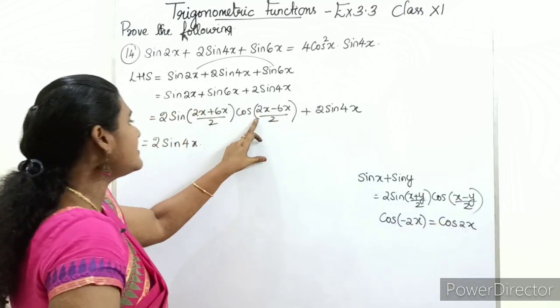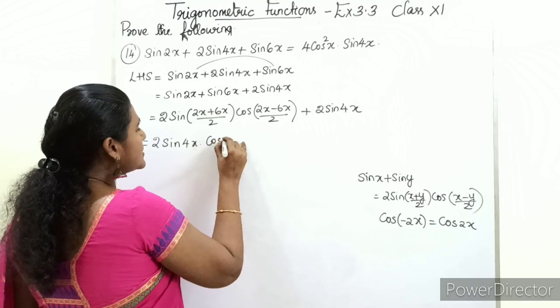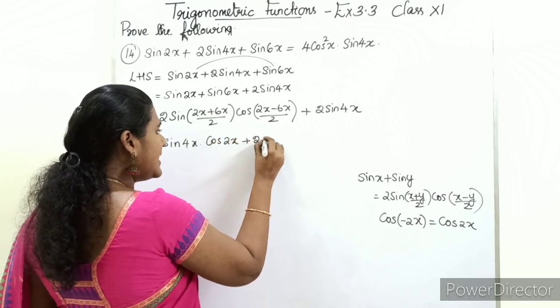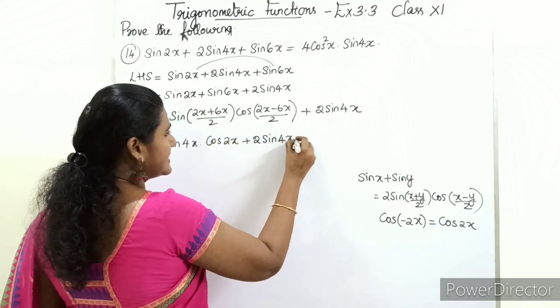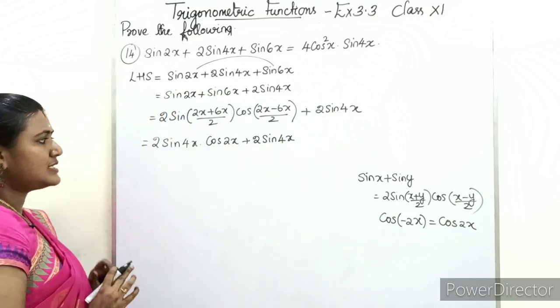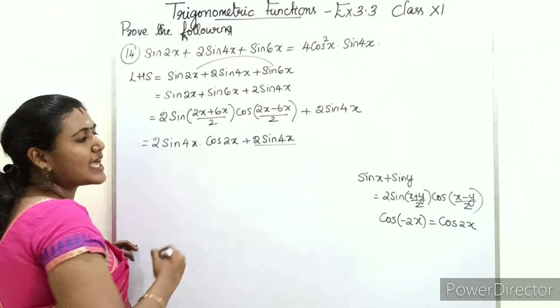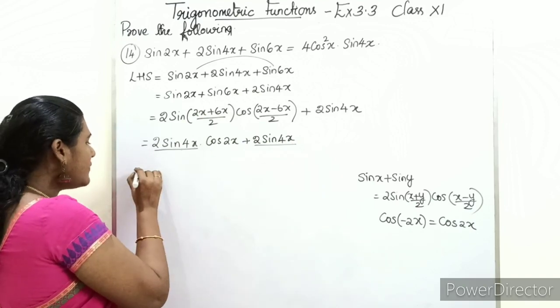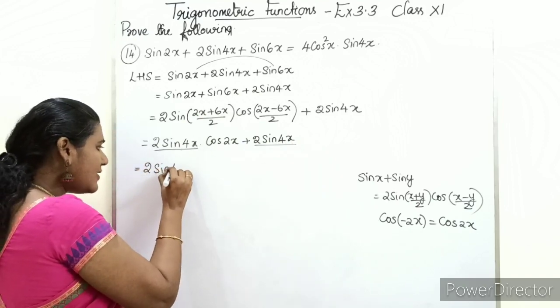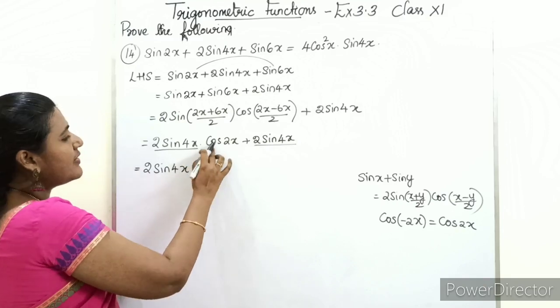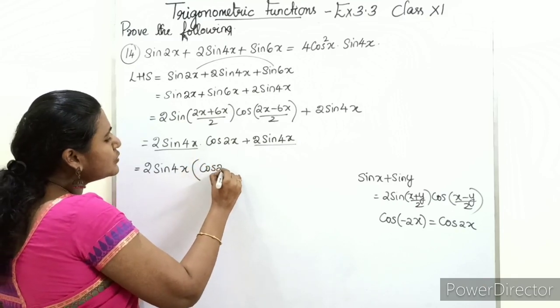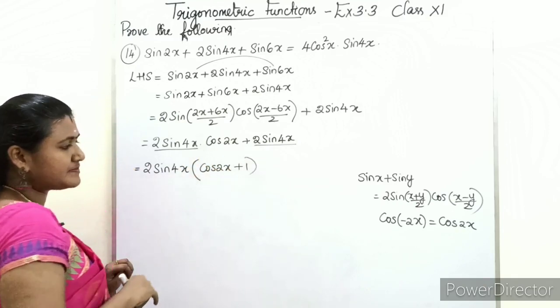So this term will become cos 2x plus the third term we will write as it is, 2 sin 4x. Now from these two terms, if you see, this 2 sin 4x is common, so we can take outside 2 sin 4x into cos 2x plus 1.